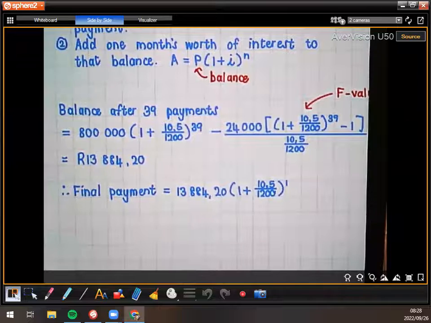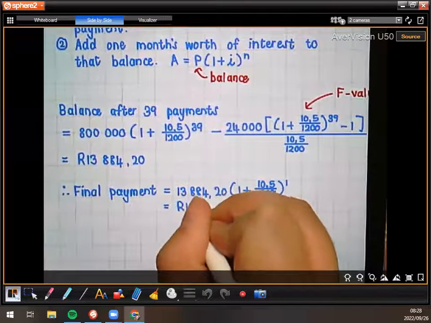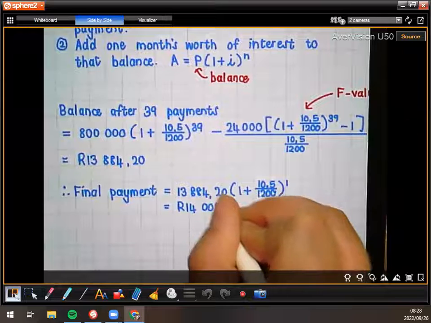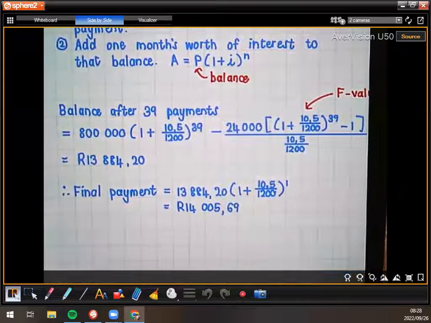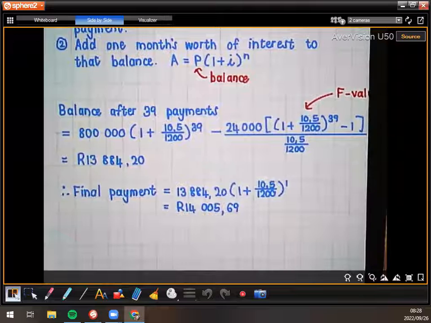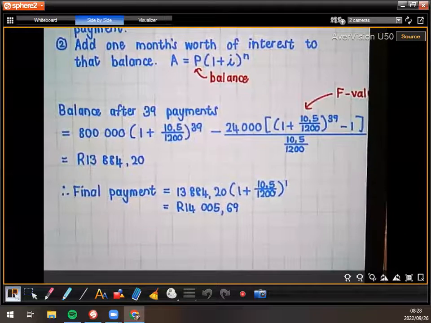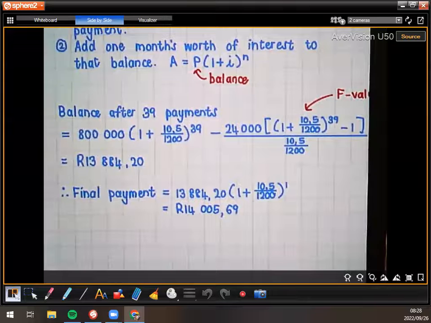Let's see, I am getting 14,005 rand and 69 cents. How does that make sense, guys? Balance and then you add a month's amount of interest.